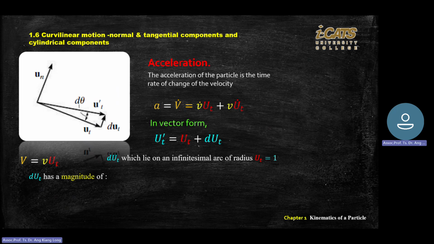You have three terms here, right? u prime equals ut plus dut, right? So this arrow plus this arrow equals this arrow. This is the origin. So this one plus this one equals this one.